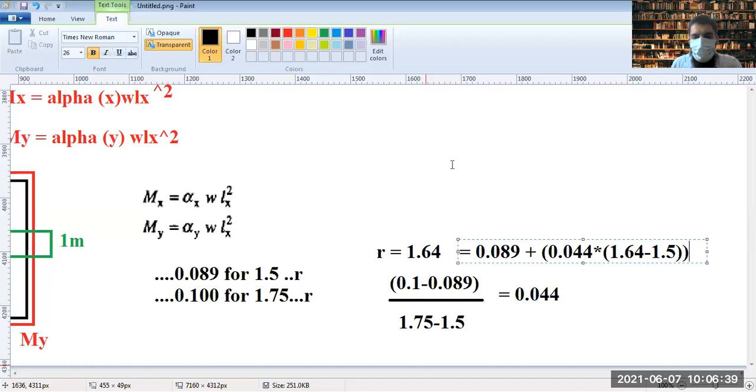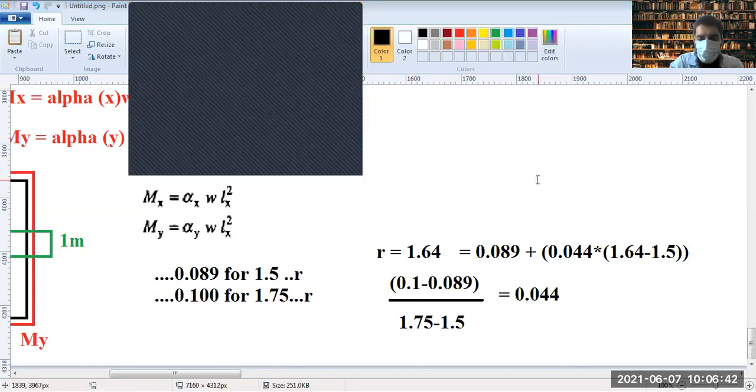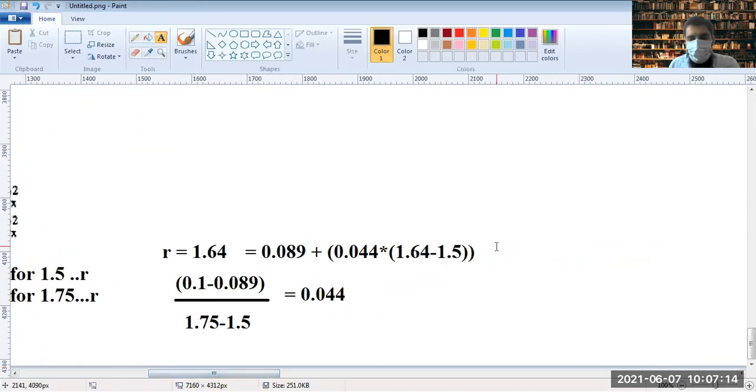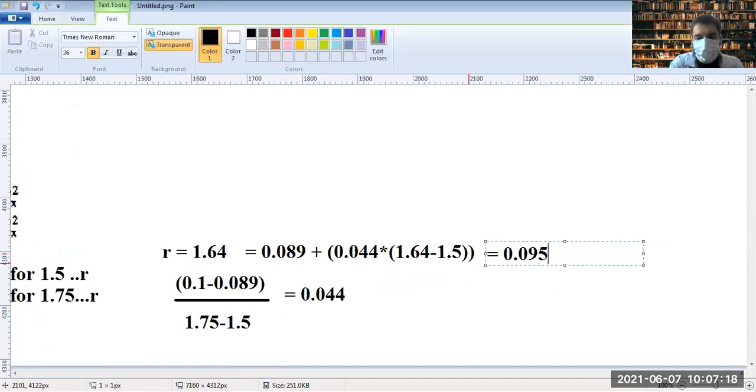So how much would this be? It's 0.095. This is the value of alpha x corresponding to r of 1.64.